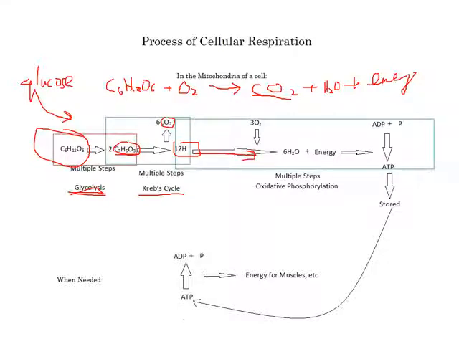So the first step is glycolysis, which splits it in 2, and the Krebs cycle releases the carbon dioxide. All the carbons and oxygens are gone, and the only thing left is the hydrogen. You don't have to get the numbers here; you just have to get who's doing what.